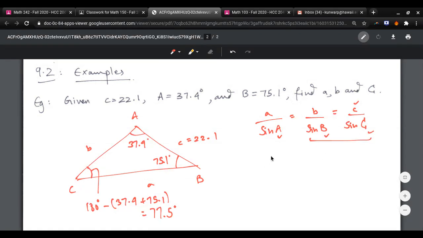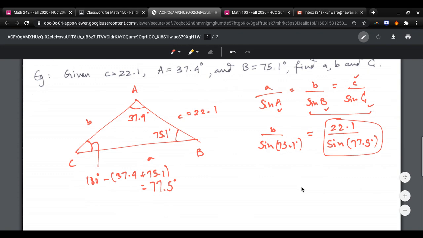Let's use these two equations. B over sine of 75.1 equals 22.1 divided by sine of 77.5. Now I can find this directly on the calculator.